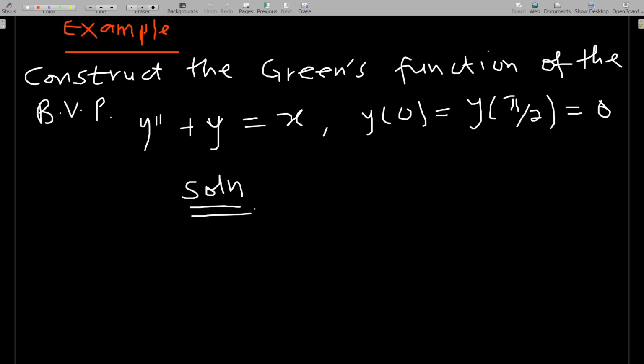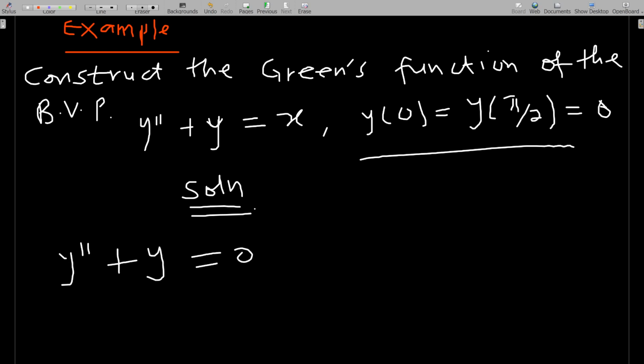Construct the Green's function of the BVP y prime prime plus y equals x at these boundary conditions. Okay, so to solve this, the first thing we should do is, we said we write the homogeneous part, which is y prime prime plus y equals 0. With this, you could see that you have d squared y ds squared plus y equal to 0.